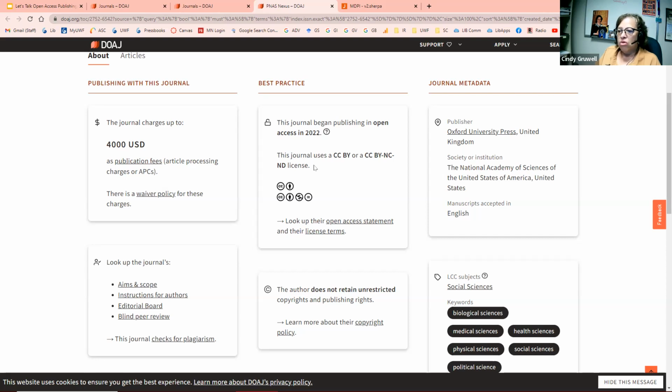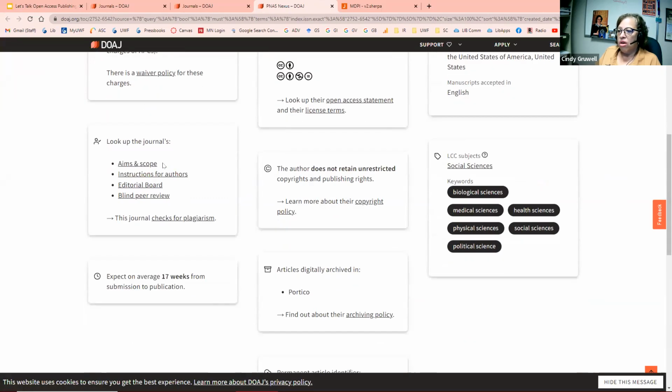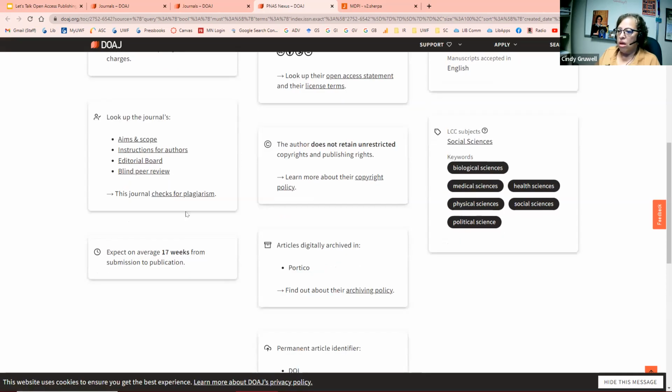They show that they began publishing this particular journal in 2022. It has a CC BY or CC BY NC ND license, and that just means the addition of no commercial and no derivatives. And again, these links will take you straight out, which is really nice. You don't have to go looking for that information.